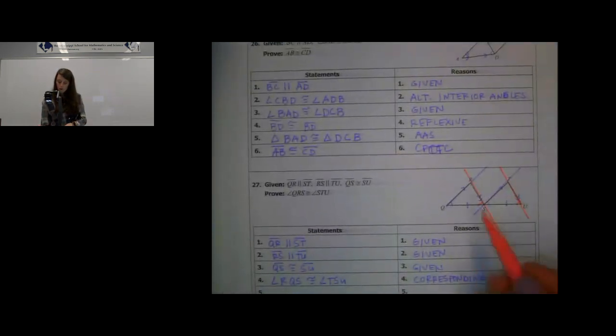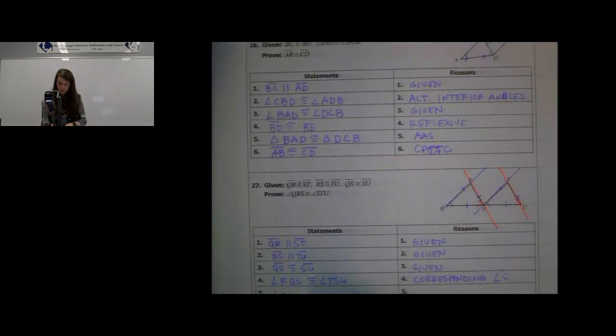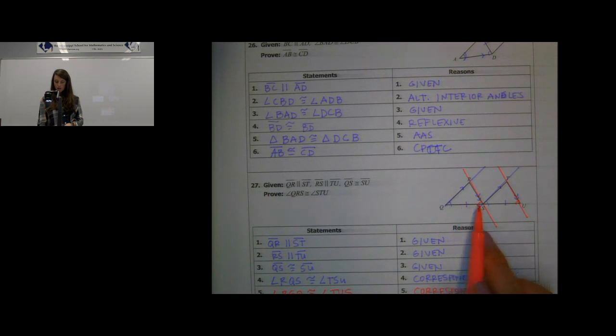So angle RSQ is going to be congruent to angle TUS. So what do I have? An angle, side, angle.